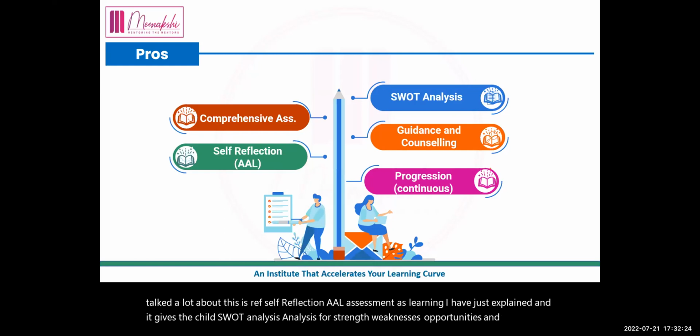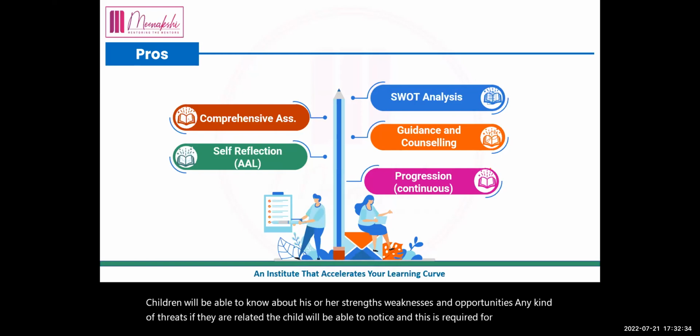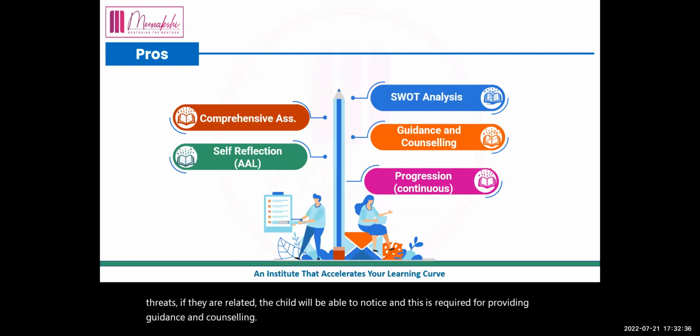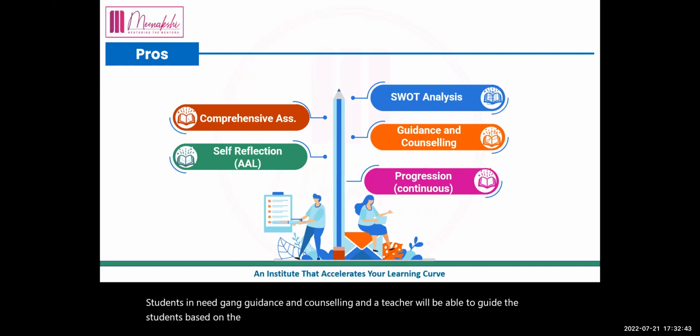The child will be able to know about his or her strengths, weaknesses, and opportunities, and any threats if they are related. This is required for providing guidance and counseling. Students need guidance and counseling, and a teacher will be able to guide the students based on the portfolio, right?